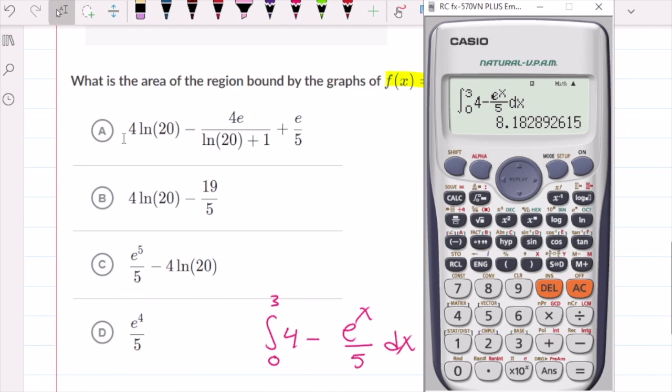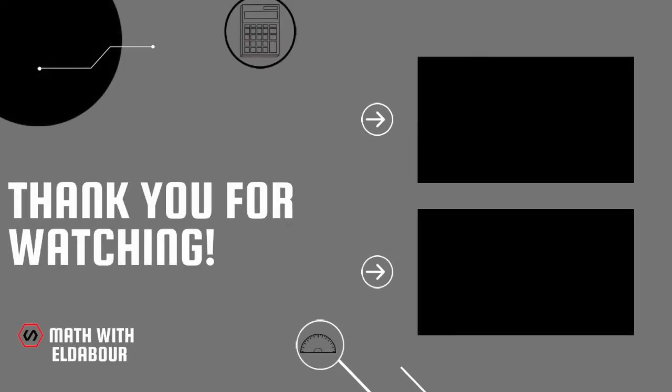So put the first one, ln 20 minus 4e over ln 20 plus 1 plus e over 5, and so on until you reach the correct answer. Okay.